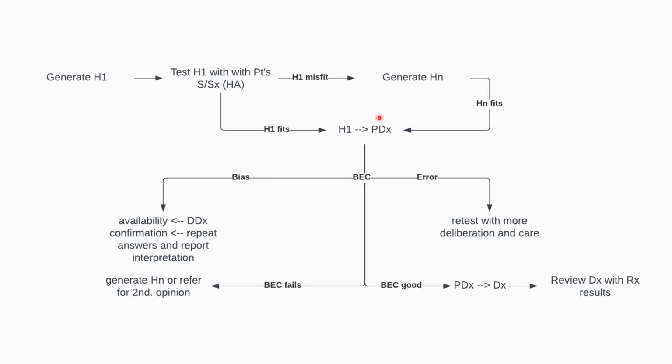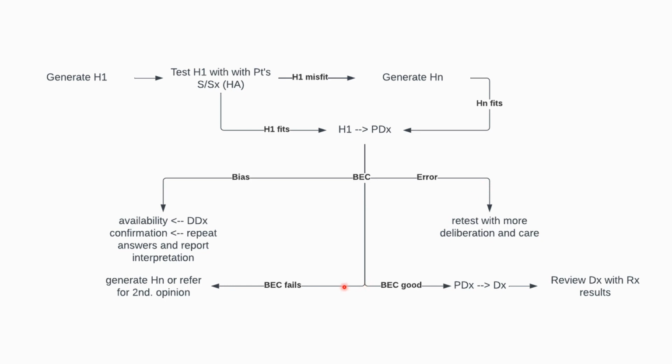But let's assume it's the first one off, it's H1 or H2, then bias error correction for bias. Availability bias is attacked with differential diagnosis, preferably negative differential diagnosis would be my suggestion. Confirmation bias, again by repeating answers and reporting your interpretation to the patient. For error, retest again with more thought, more deliberation and more care.